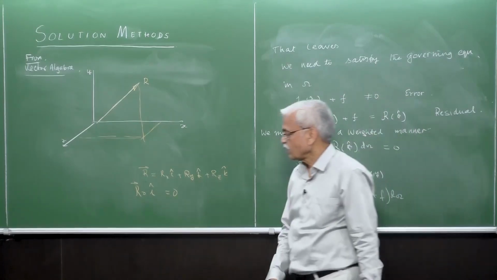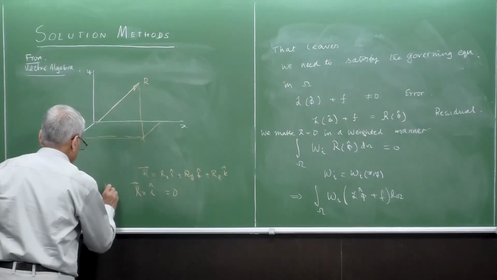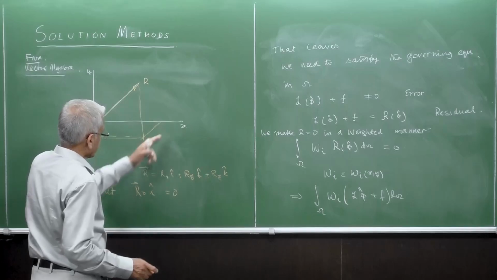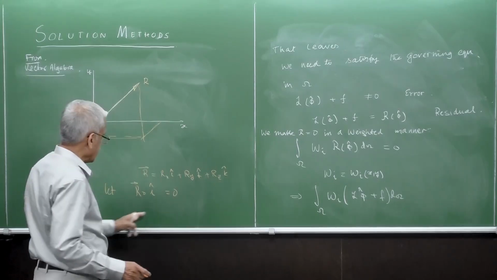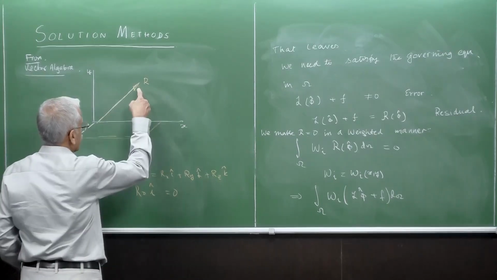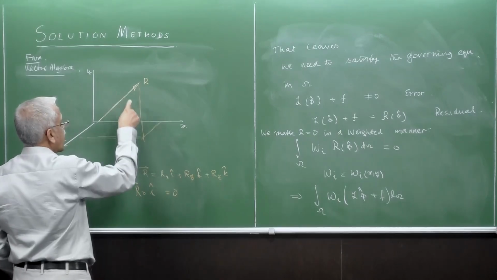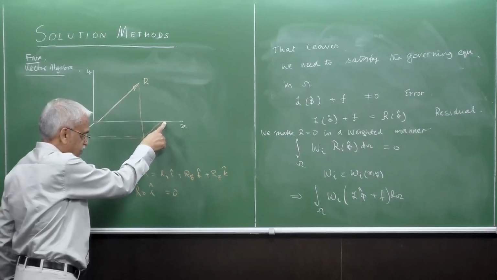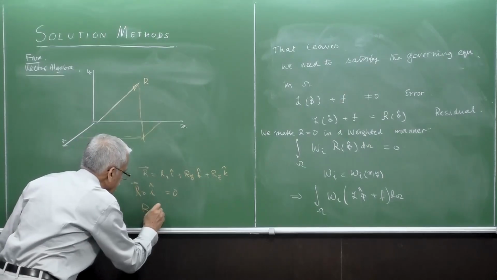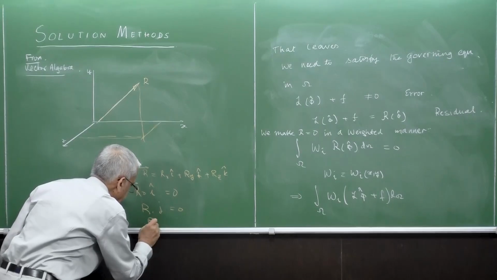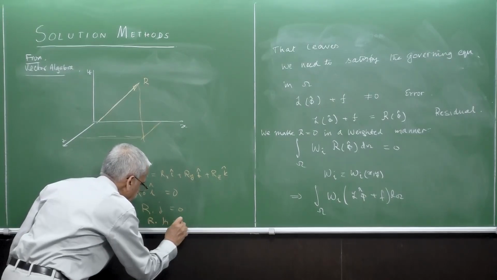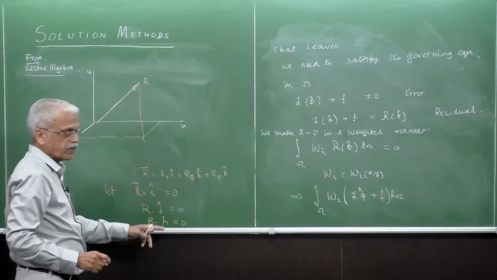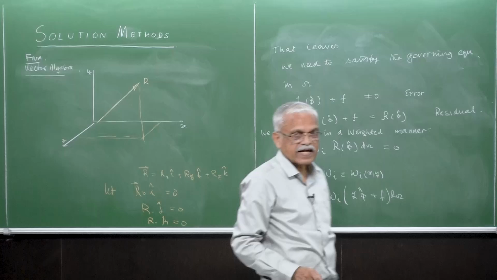So this is the condition. It shows that its component along the x-axis is 0, which puts a condition that R should not have any component in the x-axis. The same thing if you continue, its component along the y-axis is 0, its component along the z-axis, along k, is 0.